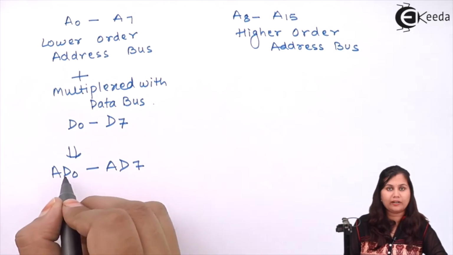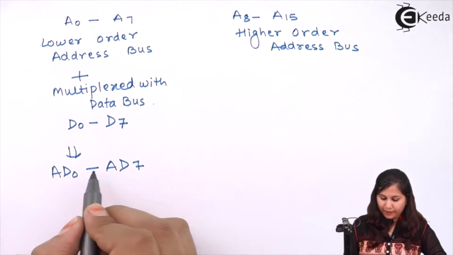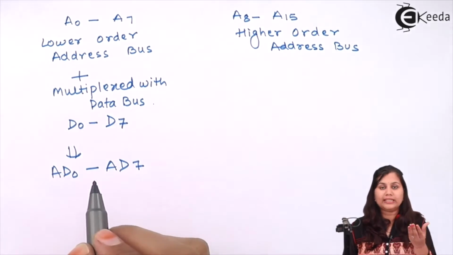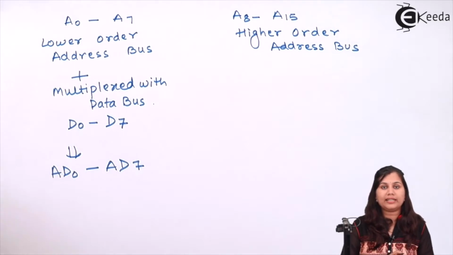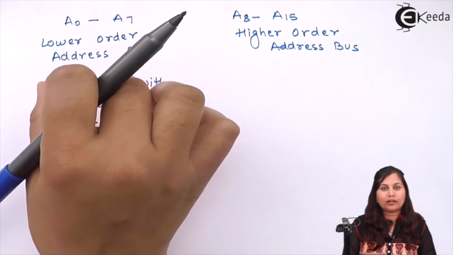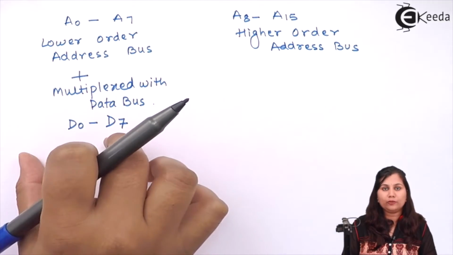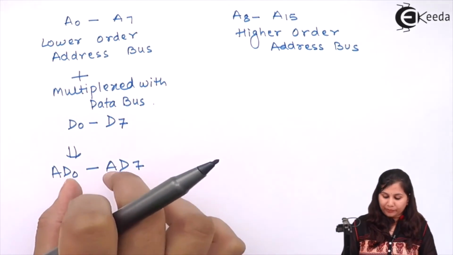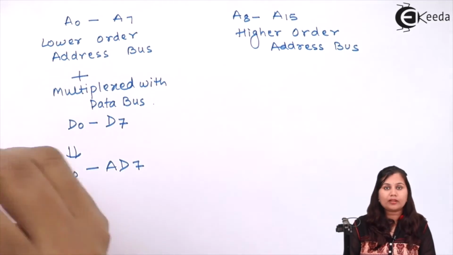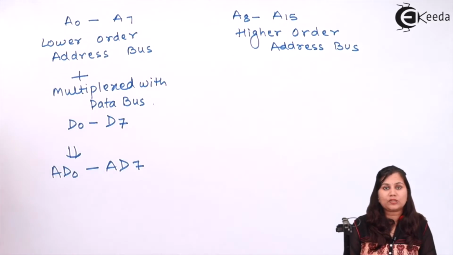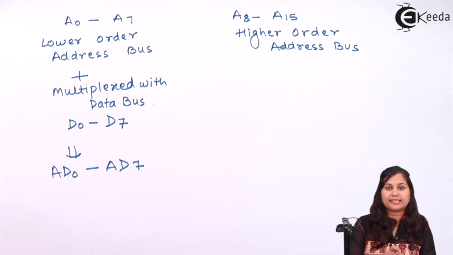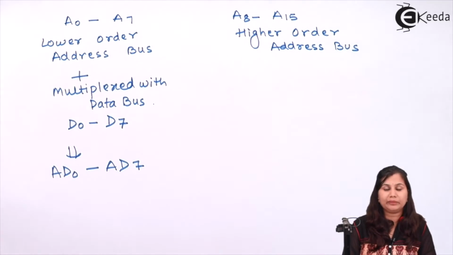So when they are multiplexed, it will become AD0 to AD7. A is for address, D is for data. So they are both multiplexed. That is, on the 8 lines, both the address and the data can be transferred. So the lower order address bus can also be used as the data bus. And how is the microprocessor going to see that this is our address and this is the 8-bit data?